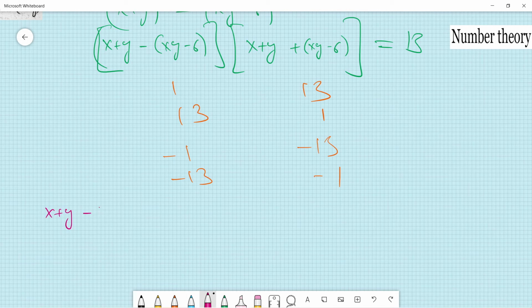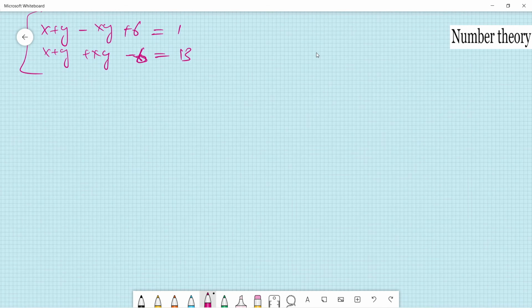x plus y minus xy plus 6 is 1, and x plus y plus xy minus 6 is 13. So simply we have two equations. We have to solve them to get our x and y. Let's add them up first.